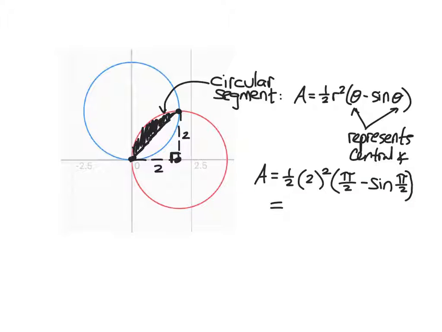So 1/2 times 4 is 2. Pi over 2 minus sine of pi over 2. Sine of pi over 2 is equal to 1. So this simplifies down to pi minus 2 if you distribute it. All right, that's 1/2 of the sliver.